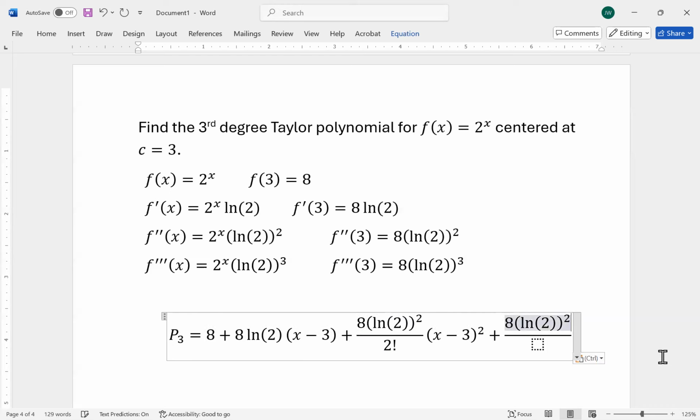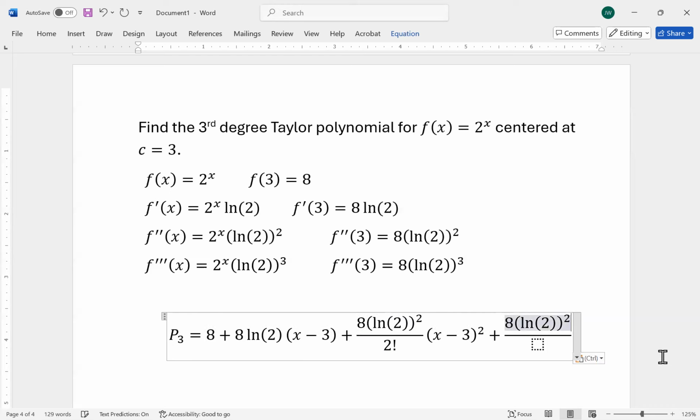Second derivative, it's probably easiest to see here. You bring the 1 out front, and then it's an x to the negative 2. So we get negative 1 x to the negative 2, which is also the same thing as negative 1 over x squared.